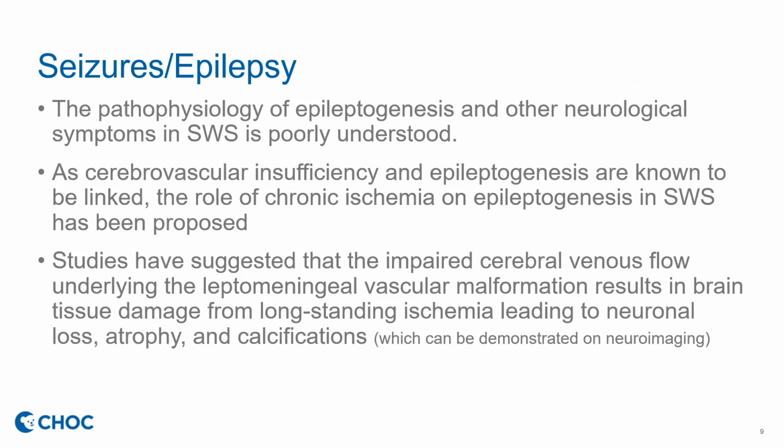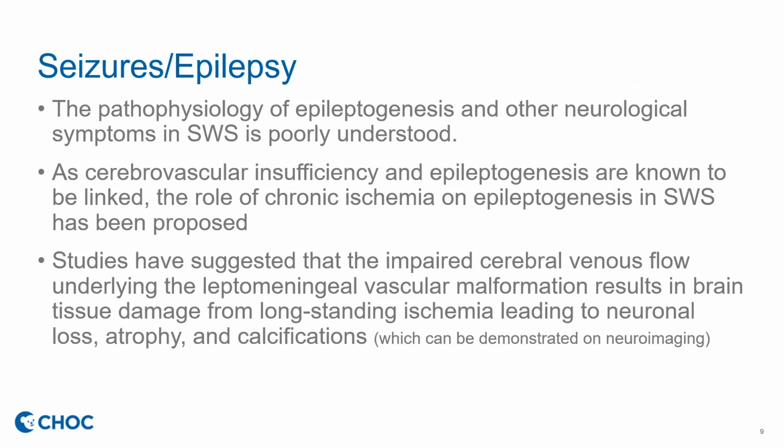So we don't know exactly how the Sturge-Weber vascular malformation causes seizures, but it's thought that insufficient oxygen in the vascular structure then causes the chronic atrophy of the brain tissue, and ischemia.